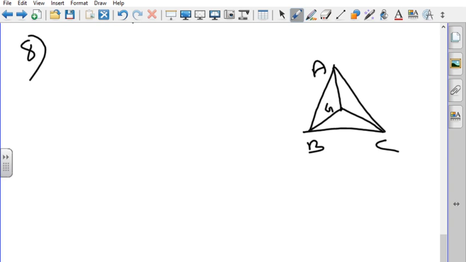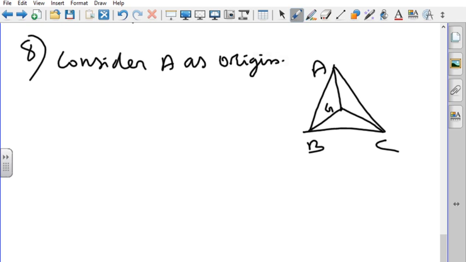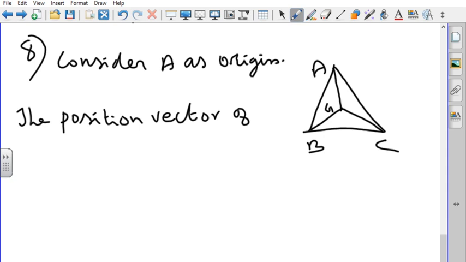So now we will take A as the origin. Because A is the origin, the position vector of G is given as AG vector.